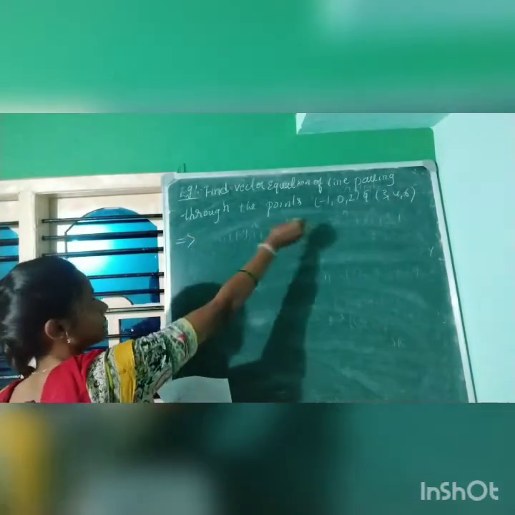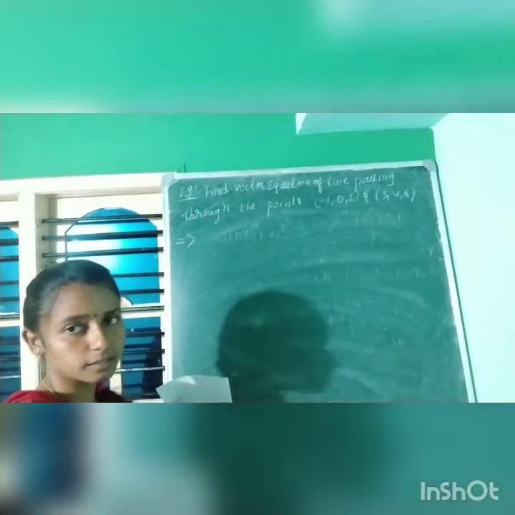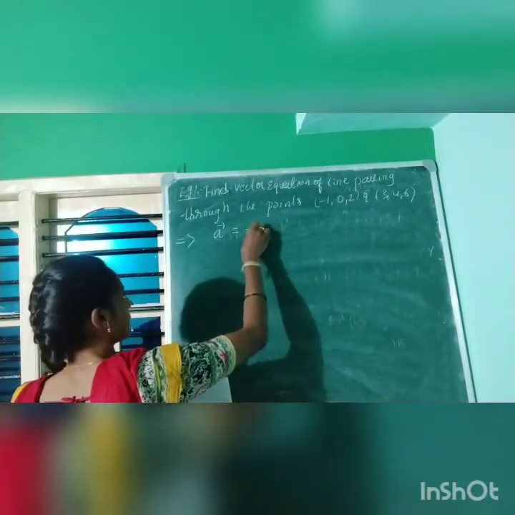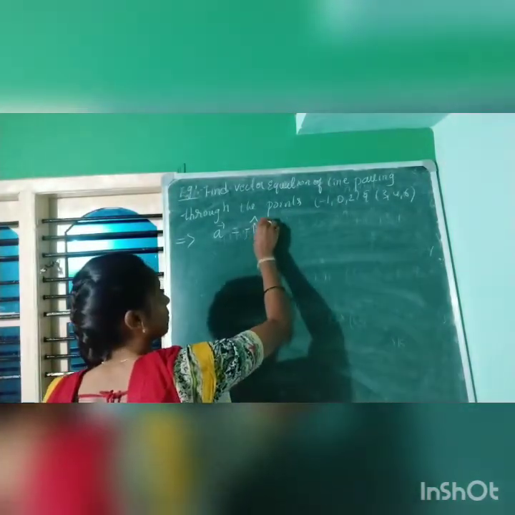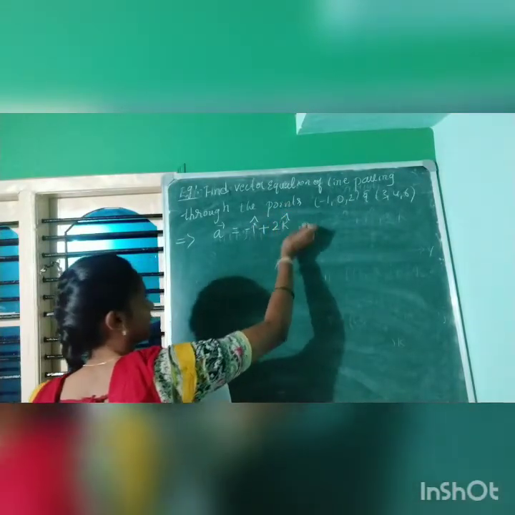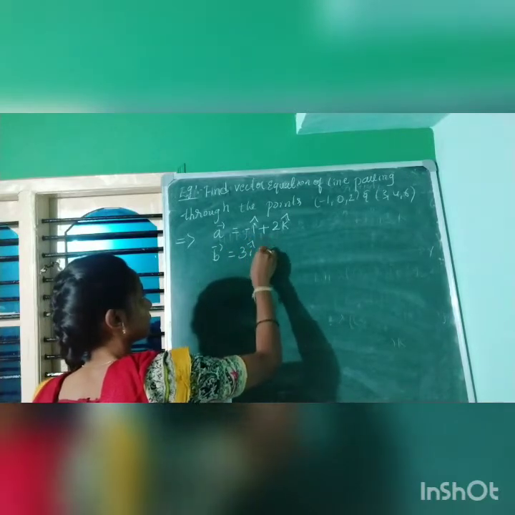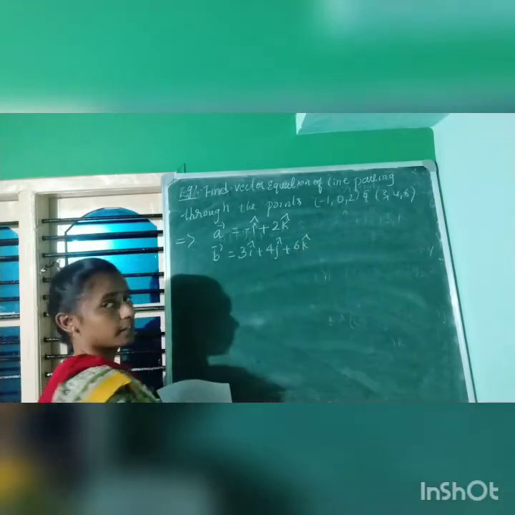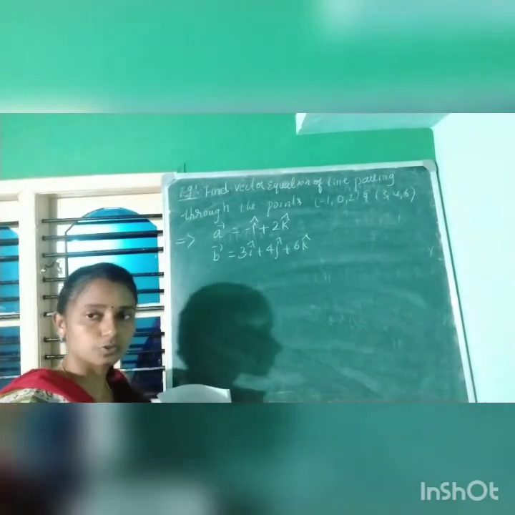So I consider this one, -1, 0 and 2, and write it in terms of ijk. Vector A is equal to -1 times i, which is minus i, plus 0 for j because it is 0, plus 2 times the k component. Next, vector B is 3i plus 4j plus 6k. Now, in vector form we have B minus A, so let's do that first.